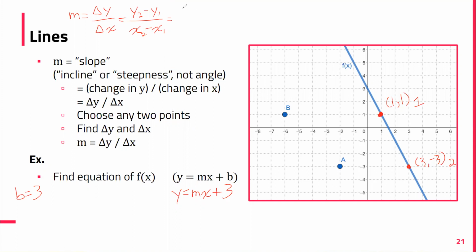So y2 is -3 minus our y1, so 1, divided by our x2, so 3 minus 1. So that just turns into -4 over 2, which we can simplify to -2. The -4 over 2, that's what we would have gotten if we did our steps from point 1 to point 2: -4 down 1, 2, 3, 4, and the +2 on the bottom of the fraction is 2 steps.